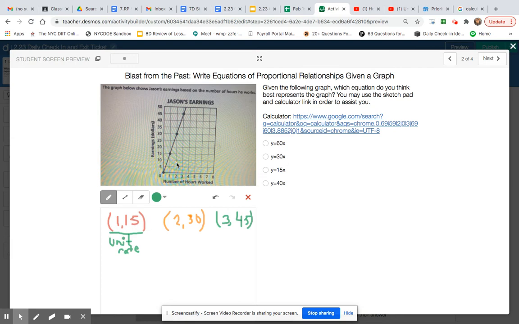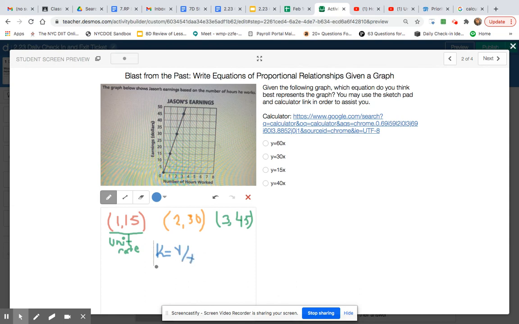But let's say you couldn't see exactly what that y value is. Remember, to find the constant of proportionality, we always do k is equal to y over x, right?